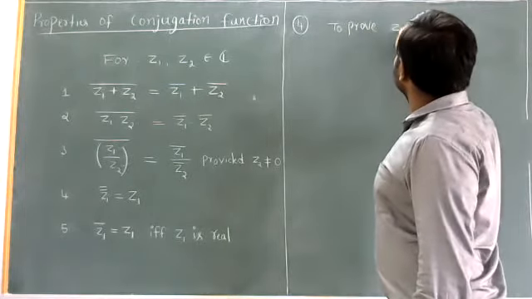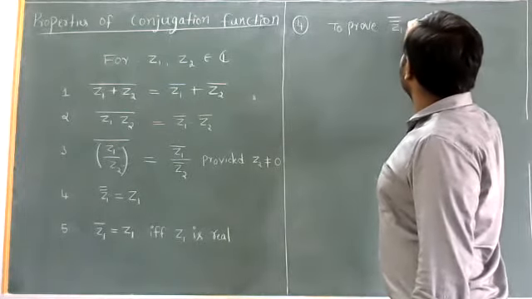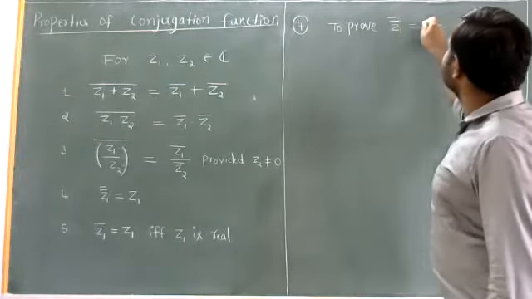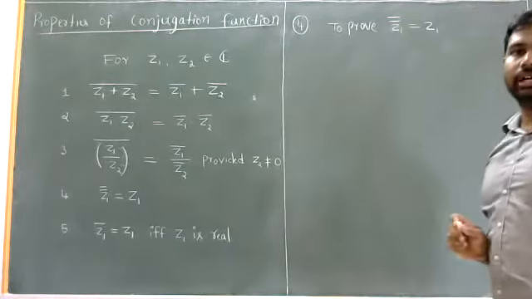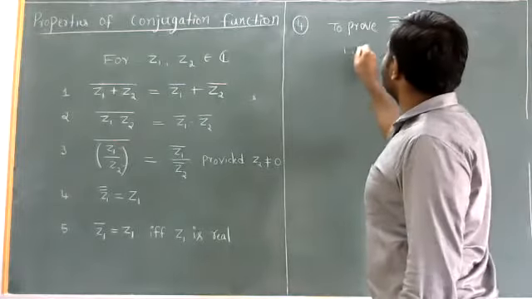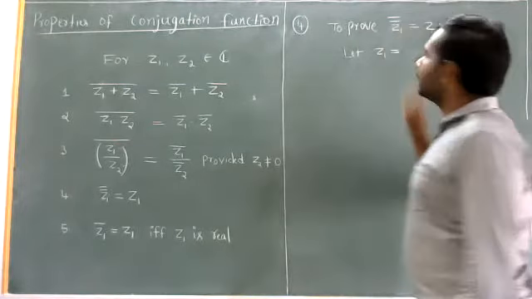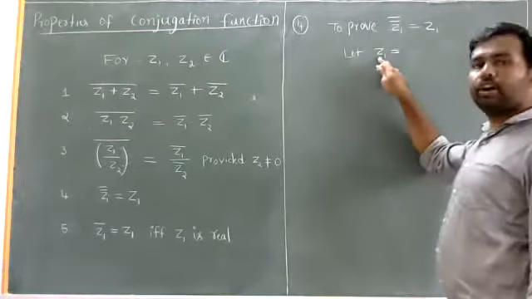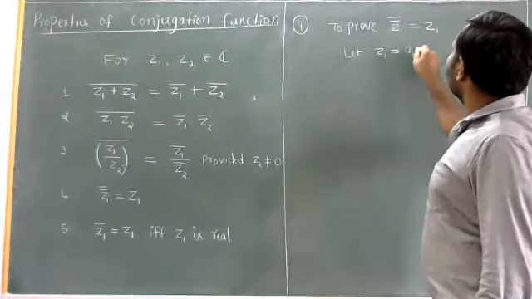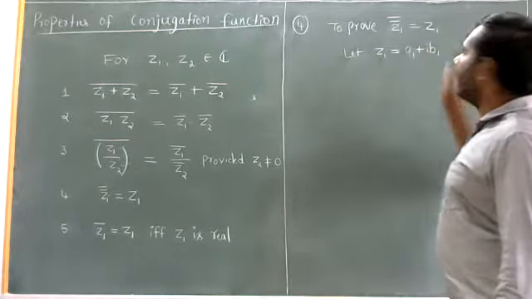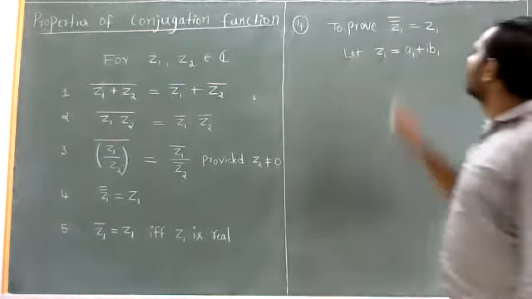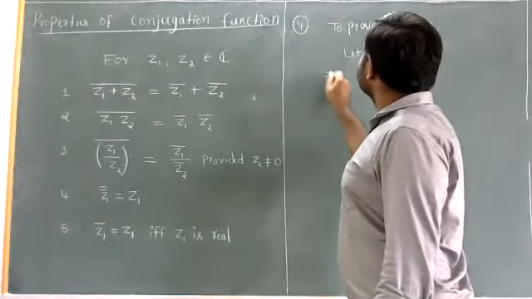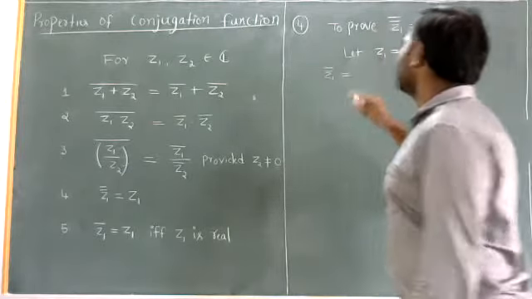Now what do you have to prove? Z1 double bar, the conjugate of the conjugate of Z1, is Z1. You have to prove that. So once again, take some representation for Z1. Z1 is a complex number, so it will be of the form A1 plus iB1. Now consider Z1 double bar.